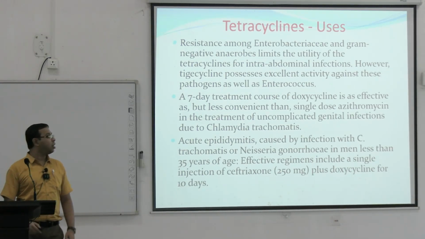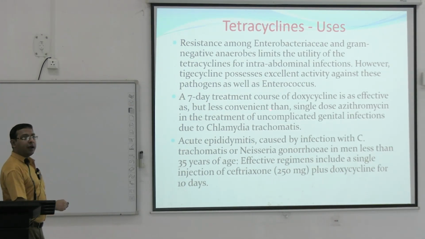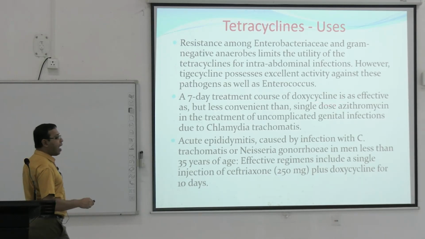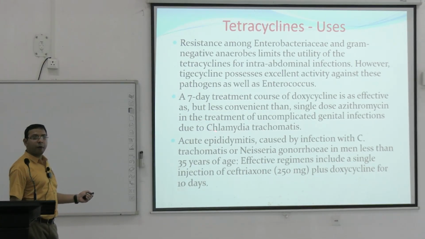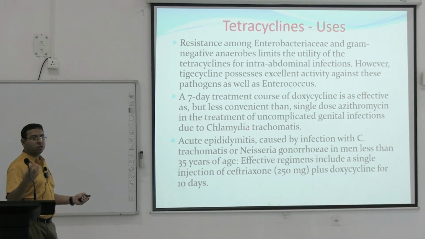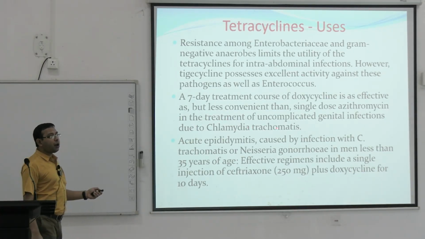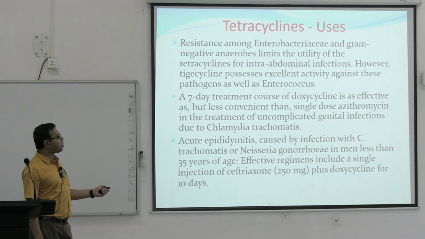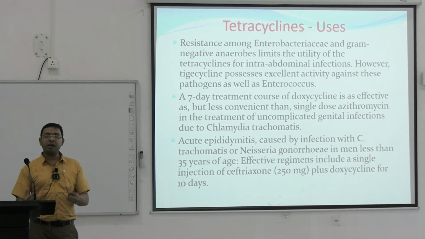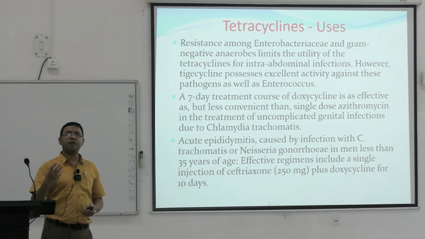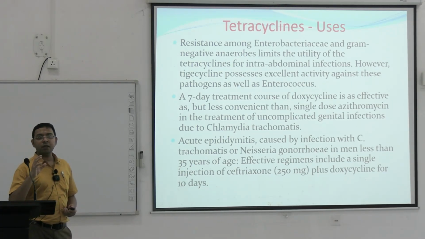Enterococcus, tetracycline until now. A single dose of azithromycin, which is a macrolide you will read about later, is used in the treatment of uncomplicated genital infections due to Chlamydia trachomatis. So Chlamydia trachomatis causes genital infections, different chlamydiasis, which can be safely treated.